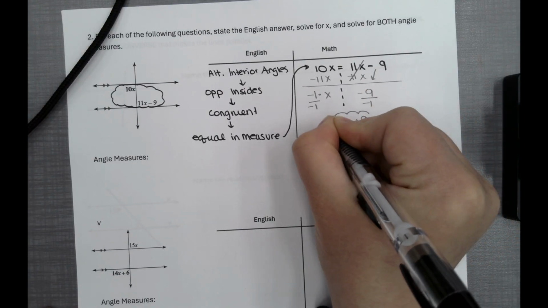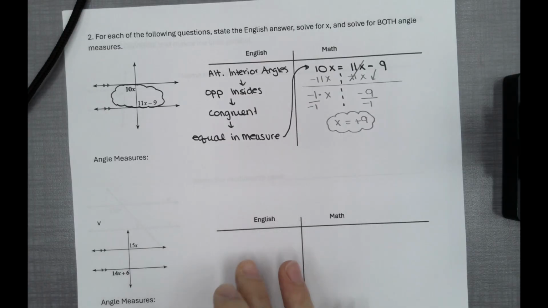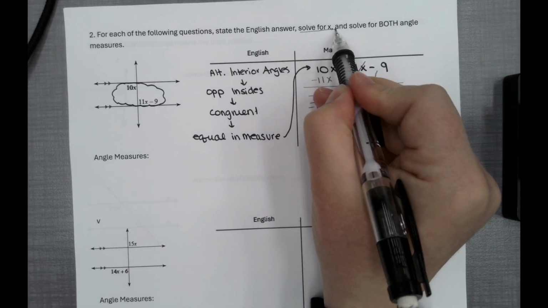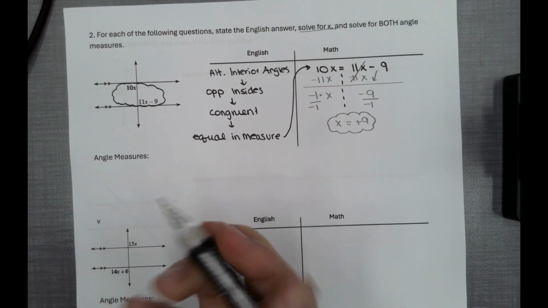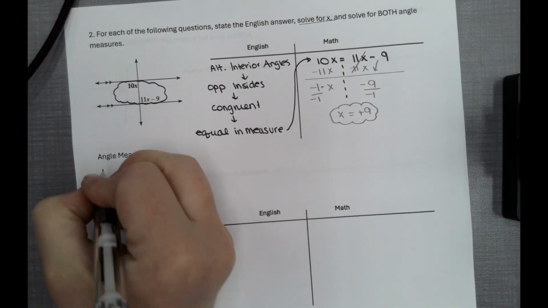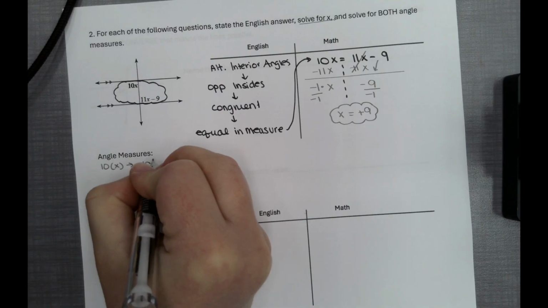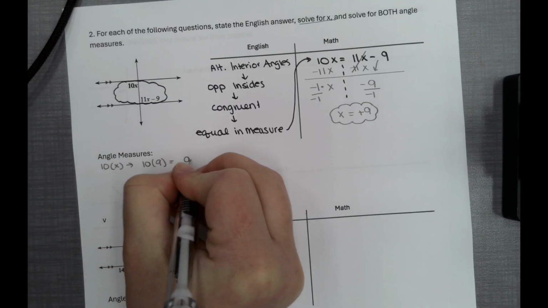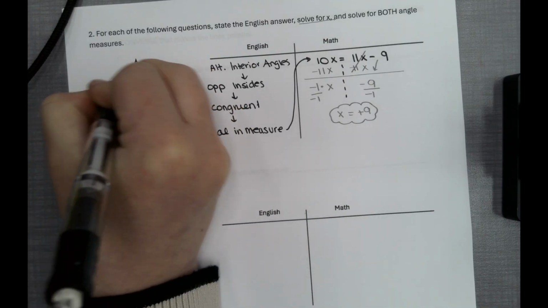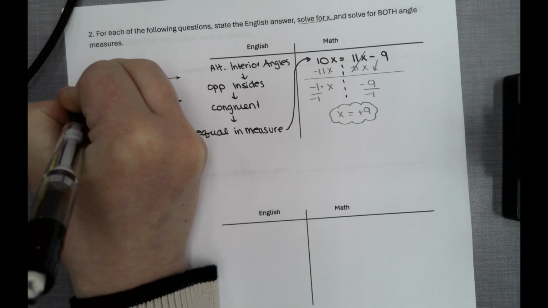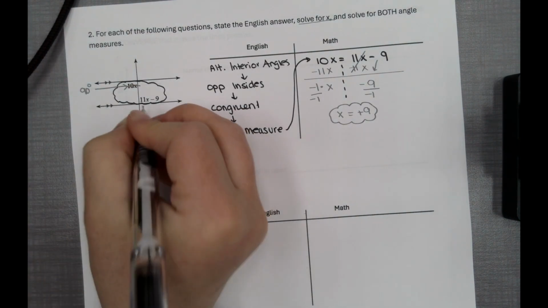I'm going to put this in a thinking bubble because yes, we do want to solve for x. That is something that they want. But also we want to use that x to solve for the angle measurements. So here we have 10x as one angle. So 10 times 9 is 90. So we have 90 degrees here. Now, you can solve for the other one.